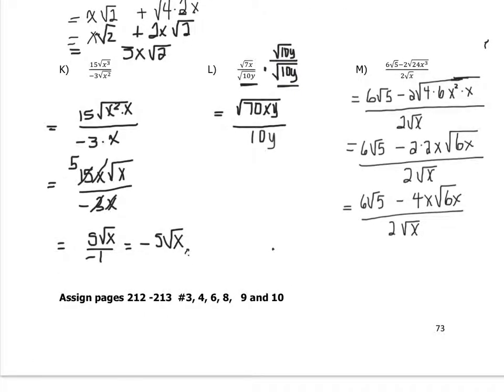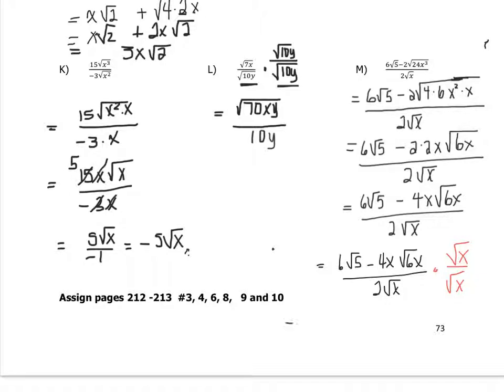And the only other thing that needs to be done now is you can't have a radical in the denominator. So you'd have 6 root 5 minus 4x root 6x. You can't combine those because they're not like radicals. But you can multiply top and bottom by root x to get rid of that square root in the denominator.